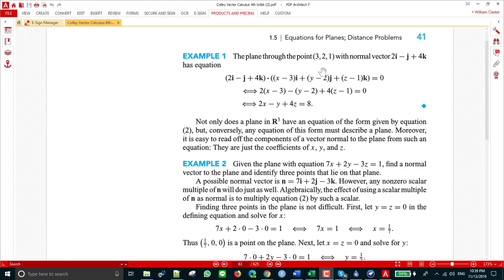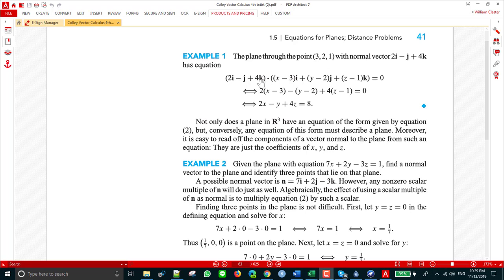Take an example: suppose we want an equation for the plane through this point with this normal vector. So this is normal to the plane, and it has this point P0.